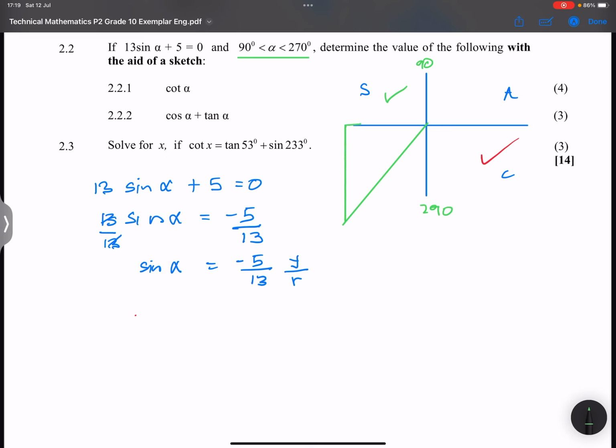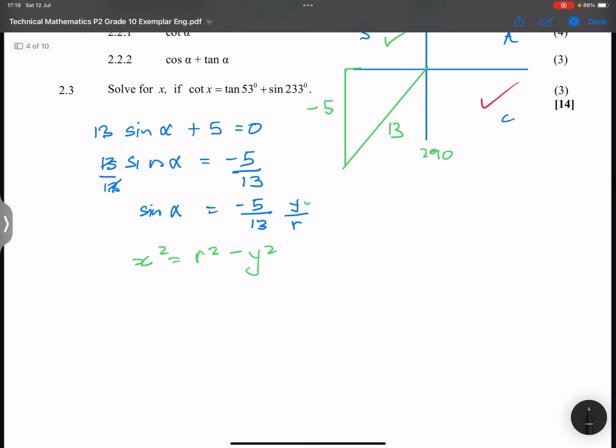Okay, so firstly, what do I know? My y value is negative 5. My r value is 13. So let's find out what the x value is. x squared would be equal to r squared minus y squared. That's the Pythagorean theorem.